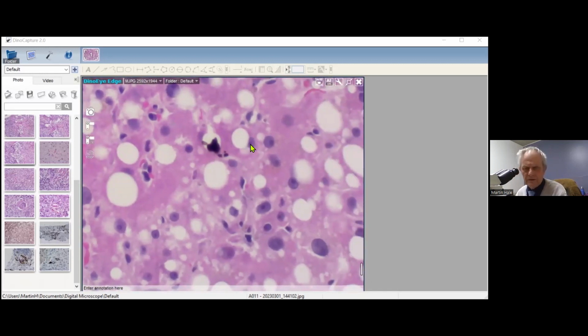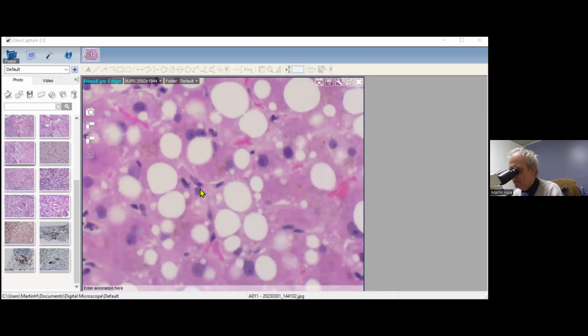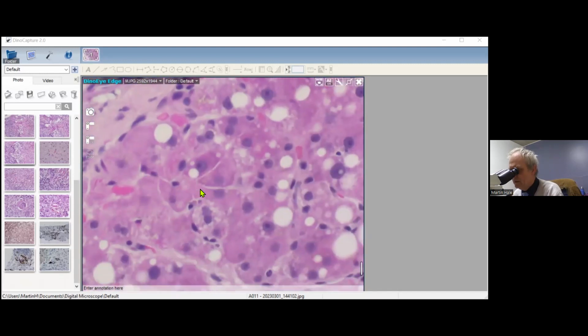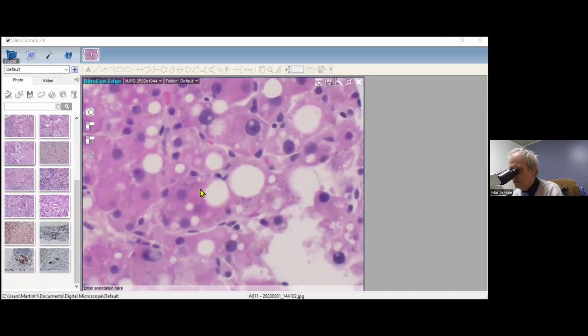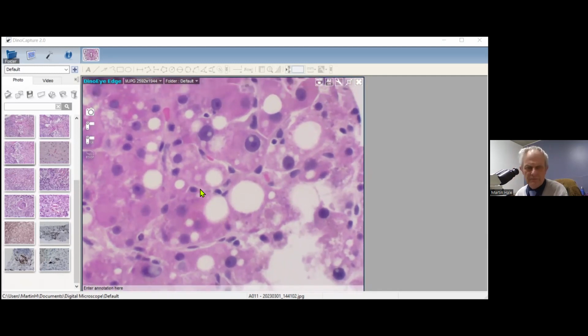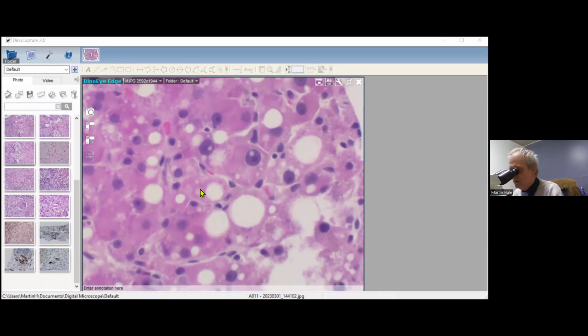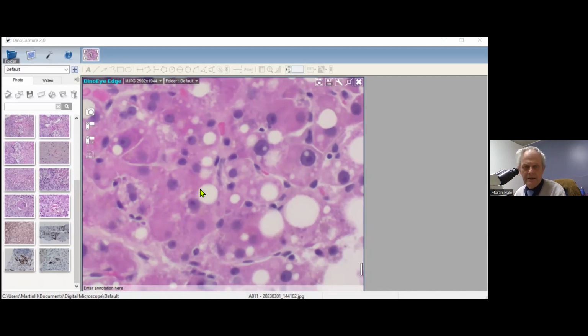Clusters of neutrophils here. These are neutrophils. And one could even suggest, for example, around here, that there might be an element of satellitosis. So neutrophils, I gave this a score of 2.